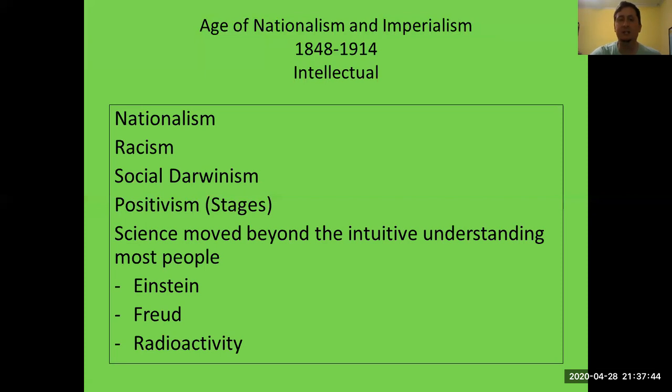Each little nation was its own race. And so we see that today when you hear people talk about having German blood. It's this pseudo-scientific attempt to make nationality scientific and to make race scientific as well.